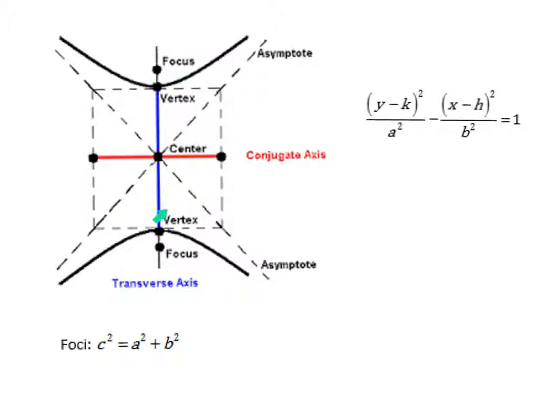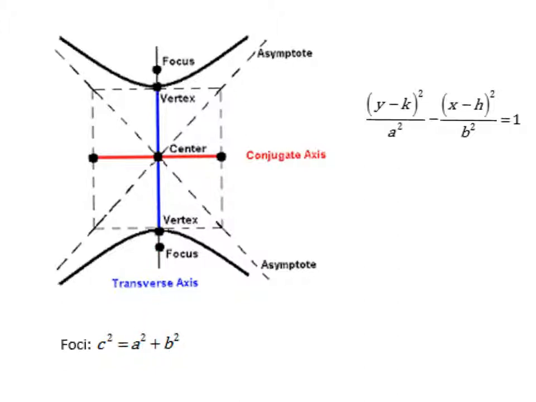This box is not really part of your graph, but it helps you to put your asymptotes in, and it will help you know how wide or how skinny to make them. And your foci now go up and down. Your foci is still a squared plus b squared.